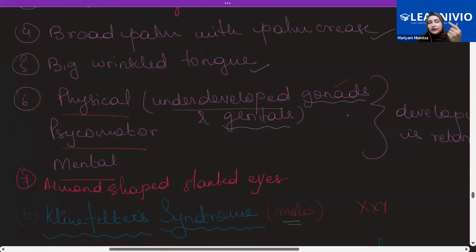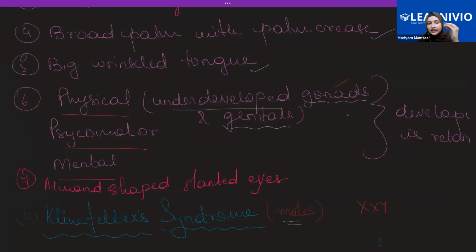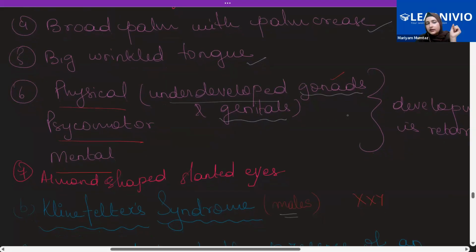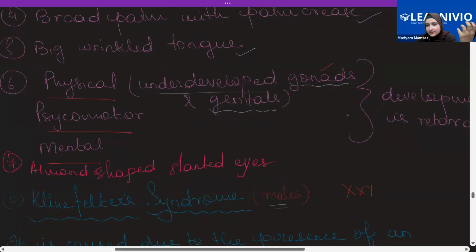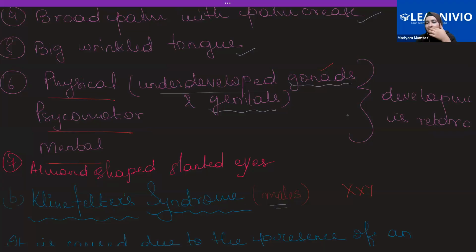Now their physical, psychomotor and mental structures and capabilities are underdeveloped. Their gonads and genital area are also underdeveloped. Clear? So they cannot reproduce. Either case, really.